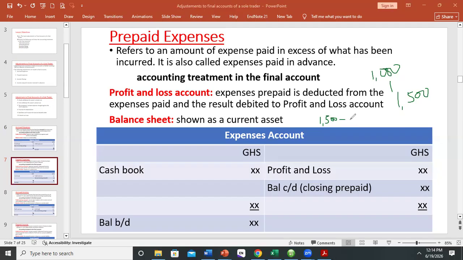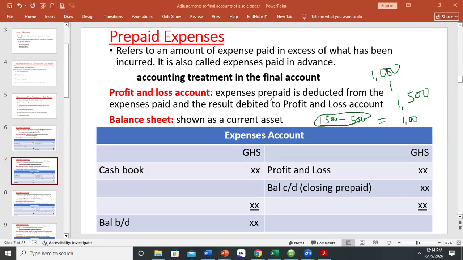So you subtract. So minus 500. You subtract the prepaid amount. This is how you show it. So the net effect will be equal to what you said, that you put in 1,000. But you need to demonstrate or show this working for your users to know what actually happened.